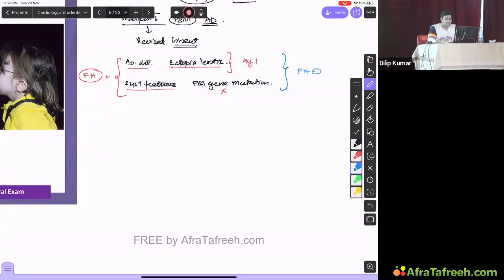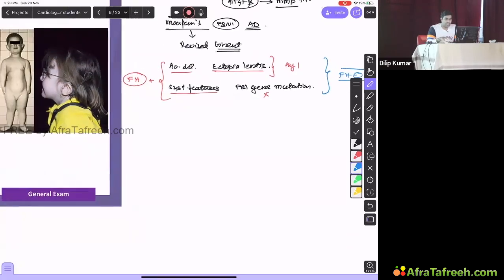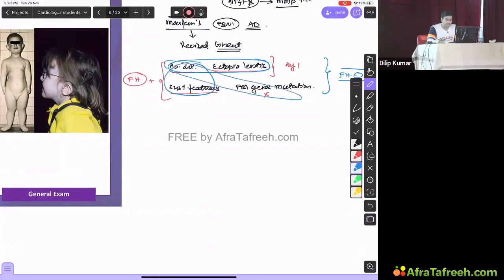If you don't have family history, then you need a combination. So you cannot diagnose with just one of the features in the absence of family history. You may need to have some combinations. So either you need a combination of aortic root dilatation and ectopia lentis, or you need aortic root dilatation with systemic features, or you need aortic root dilatation with fibrillin 1 gene mutation.